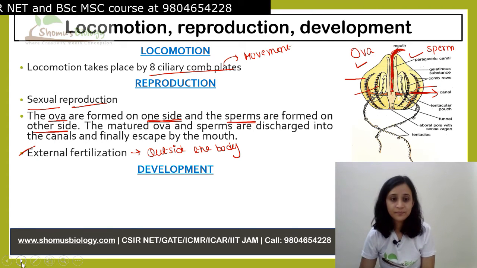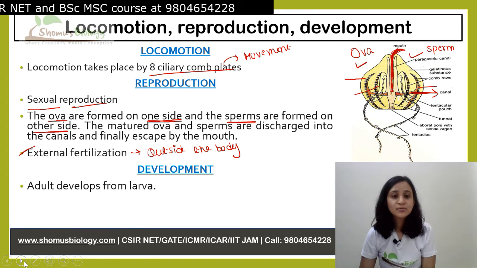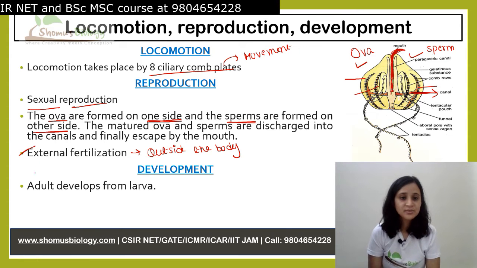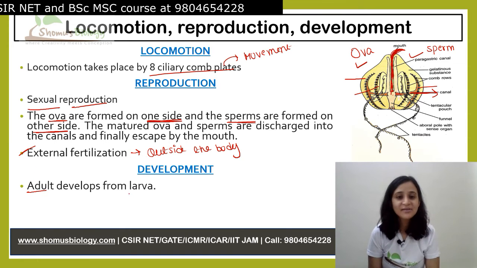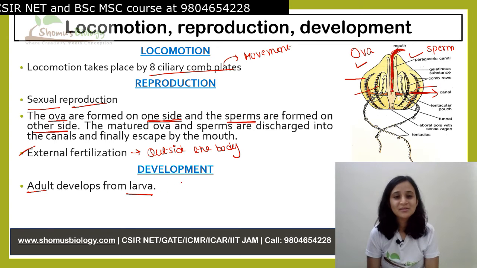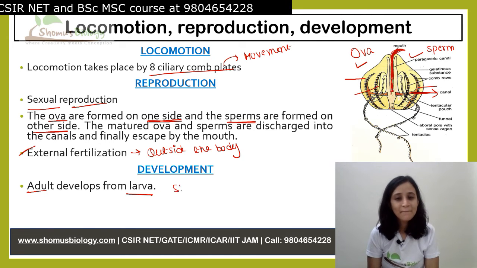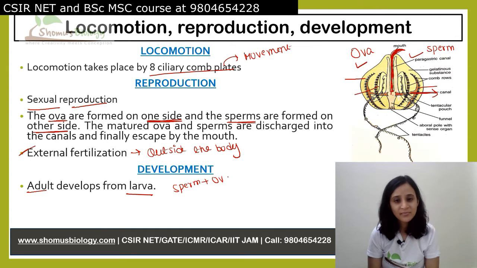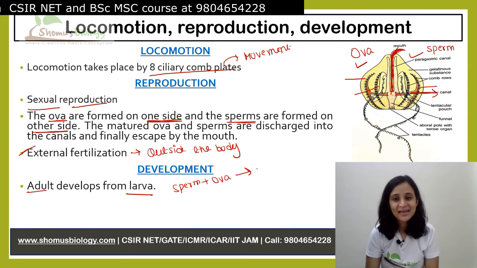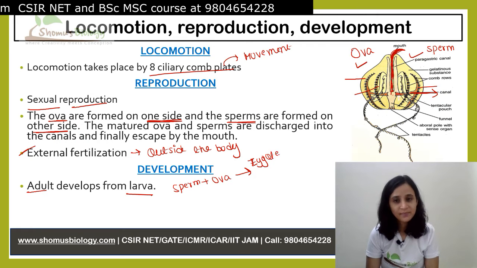Development. So adult develops from larva. So here they have the larval stage. So the sperm and ova fuse and they yield the zygote.